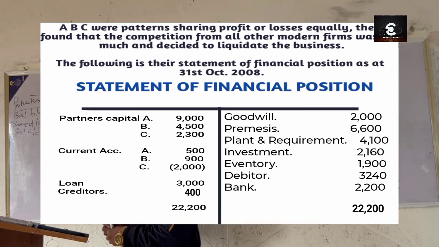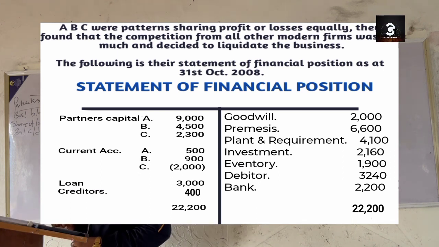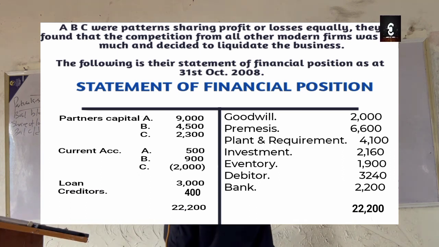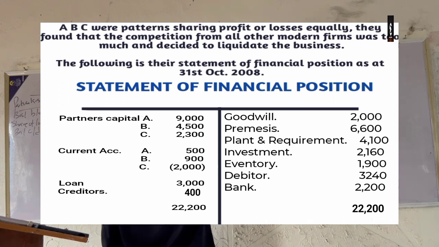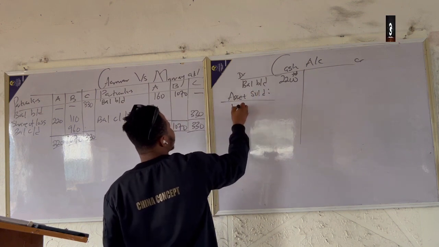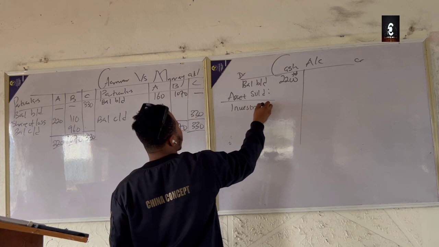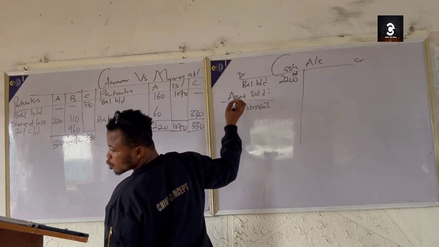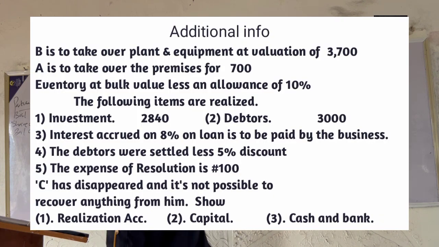The examiner gave us on the question that the cash balance is 2,200, and assets sold. All the assets sold: the investment was sold for 2,840, and the debtors were sold for 3,000.